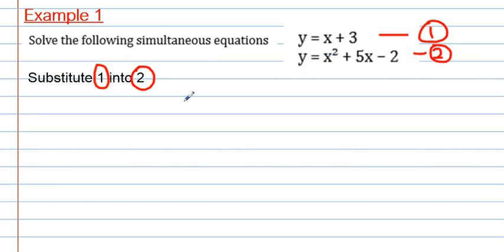So we're going to have x plus 3 instead of the y, plus 3 equals x squared plus 5x minus 2.